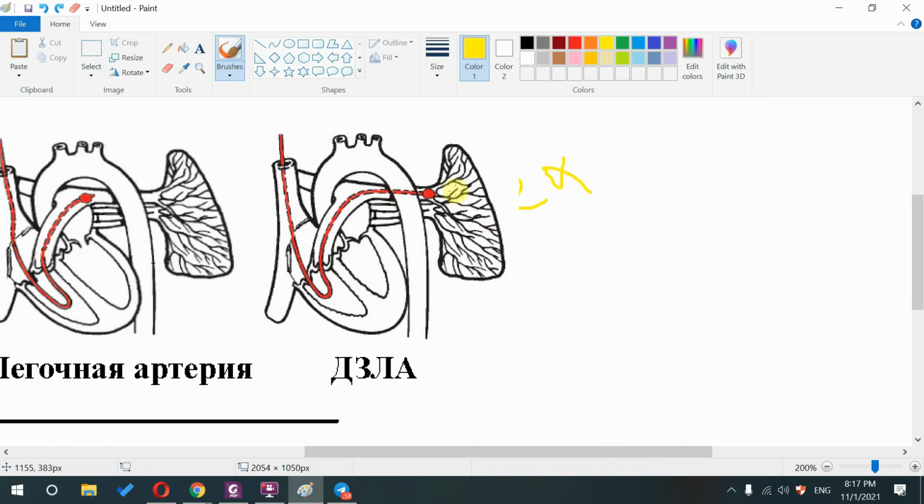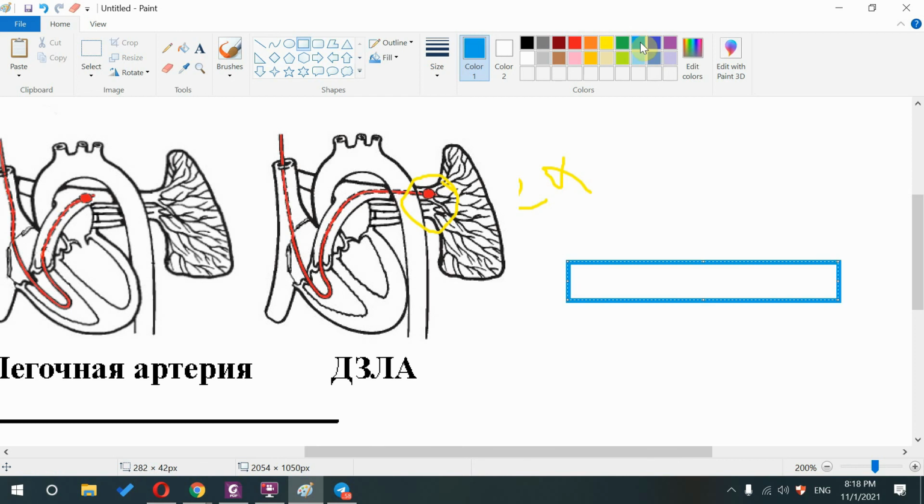Let me explain how that works. If I want to enlarge this, it looks something like this. Let's imagine that this is the capillary, and now we insert this balloon.